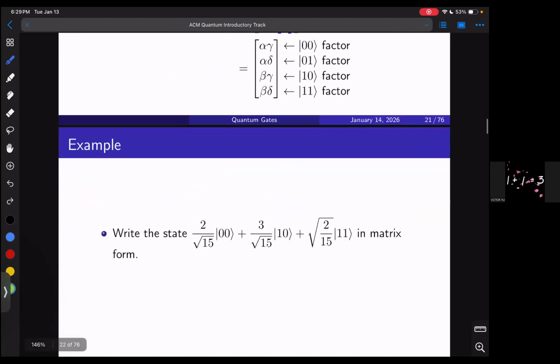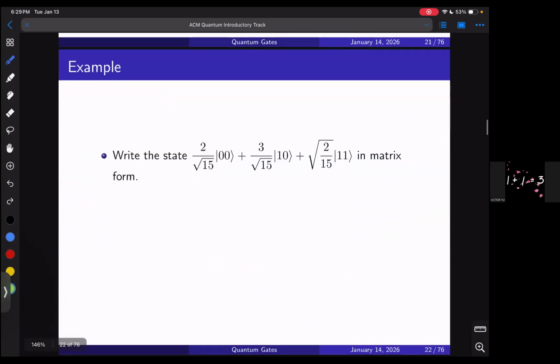Okay. Here's another example. So here's a 2-qubit state. That's the expression. We want to write it in matrix form. Does anyone want to tell me what it'll look like? Top position will be 2 over 15.